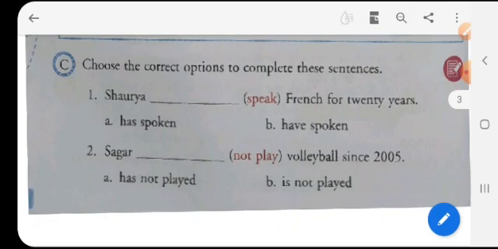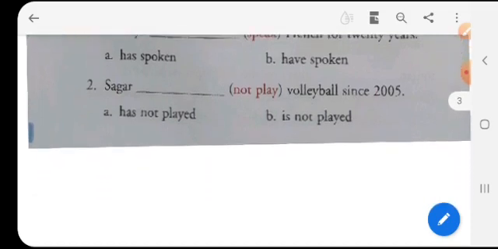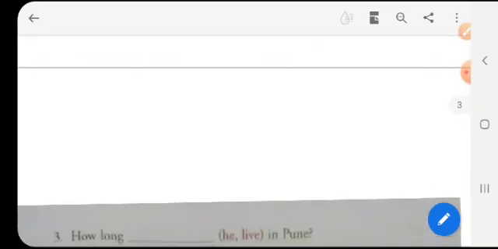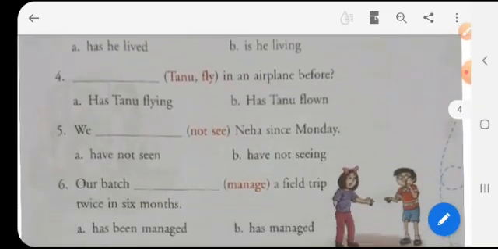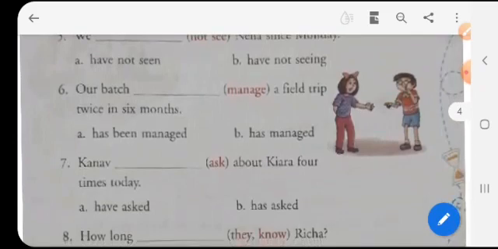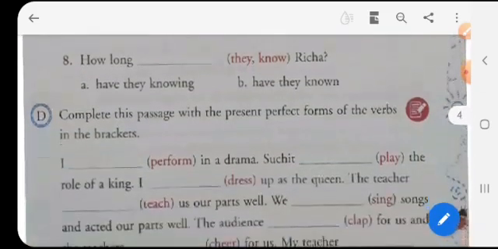Shaurya is the singular form, so Shaurya has spoken French for 20 years. Sagar has not played volleyball since 2005. So now I hope you will be able to do all these things. So this is the exercise that you need to do.